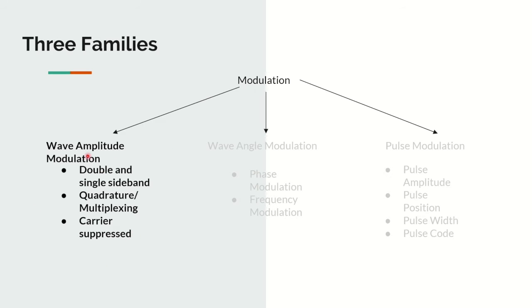This involves the typical AM modulation. There are variants on this, including double and single sideband. There is carrier suppressed modulation, and there is also a method called quadrature multiplexing, in which we more efficiently utilize the available bandwidth and embed more information into a set bandwidth.